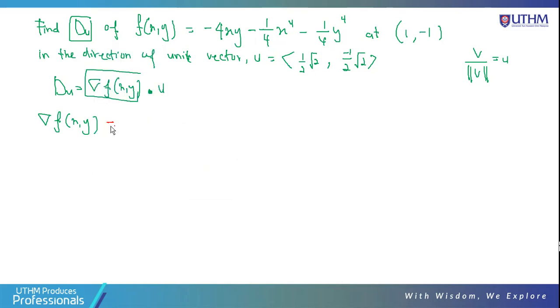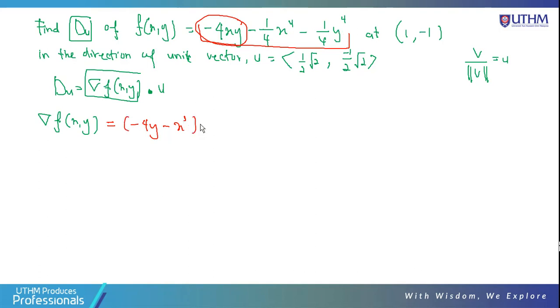So you can determine, look here, with respect to x. Okay, partial derivative with respect to x. So this one you will get negative 4y, minus x to the power of 3, because the 4 comes to the front as 3, so the power becomes 3, so x to the power of 3. Are there x in everything? There is x, zero.